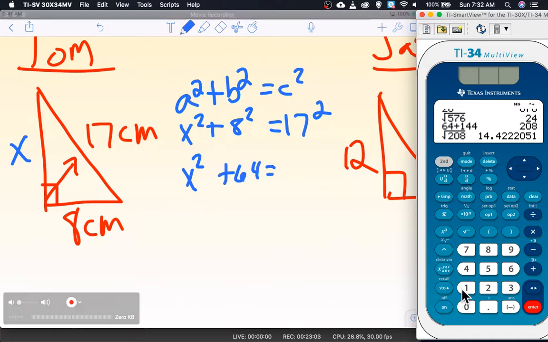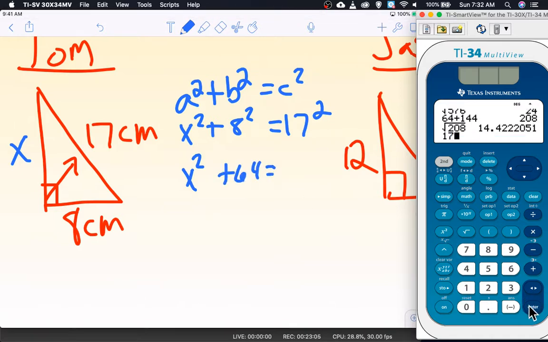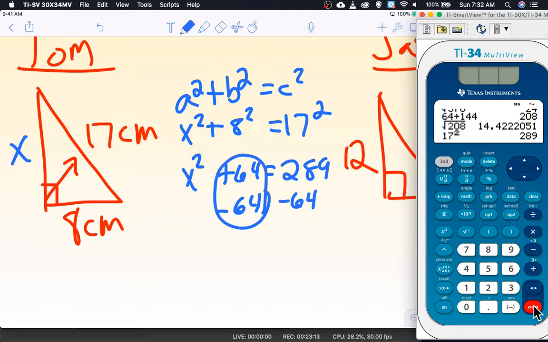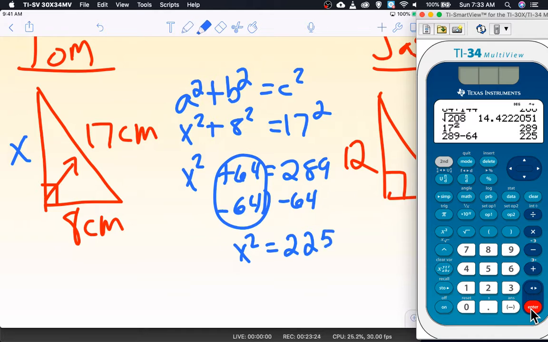Technically this is simplifying, but it's part of solving. 289, subtract 64 on both sides. I got the variable piece by itself first. 289 minus 64 is 225. And now when I square root both sides to get the x by itself, x is going to equal 15.